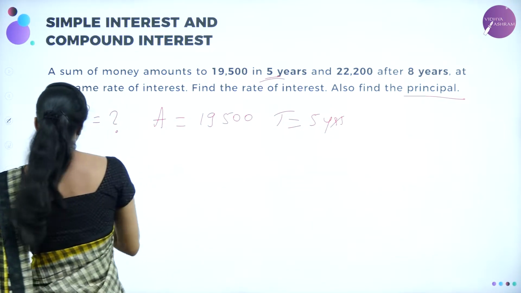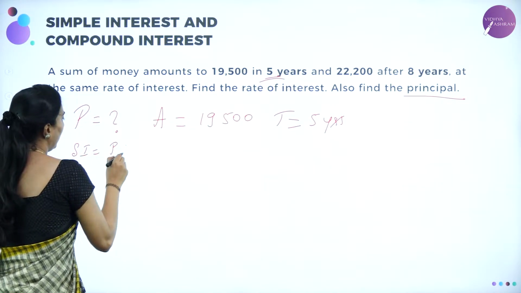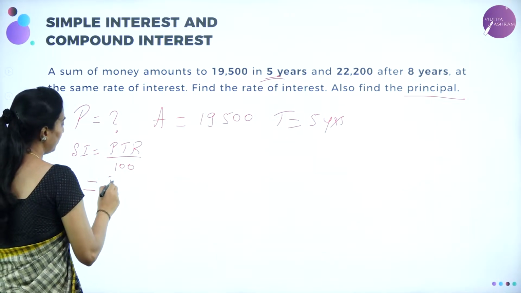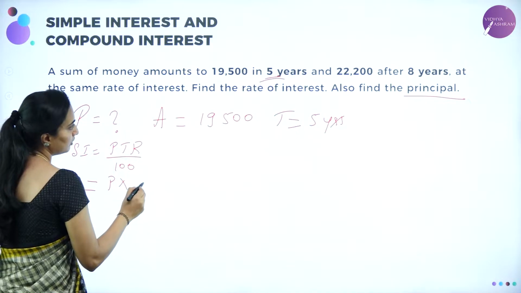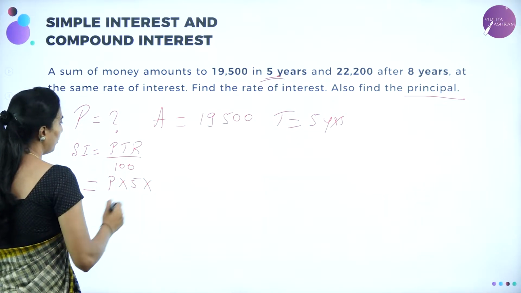So 5 years. So you know already SI = PTR divided by 100, which will be P, we don't know, as it is. T is nothing but 5 years into R, we don't know what the rate is.